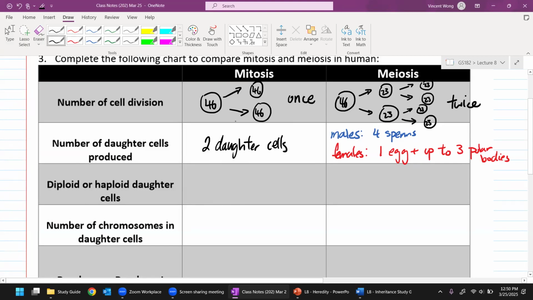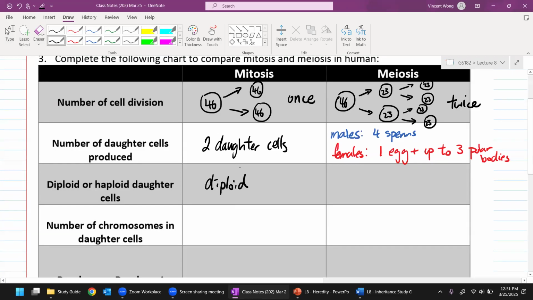Two. No, 1 set is 1 to 23. So now you have 1 to 23, and then another one. 2 sets. You guys understand that or no? Okay. So this is 2 sets, diploid.